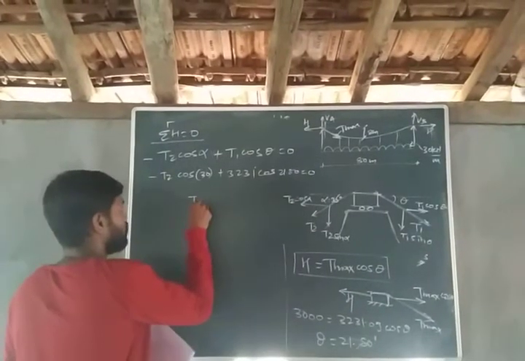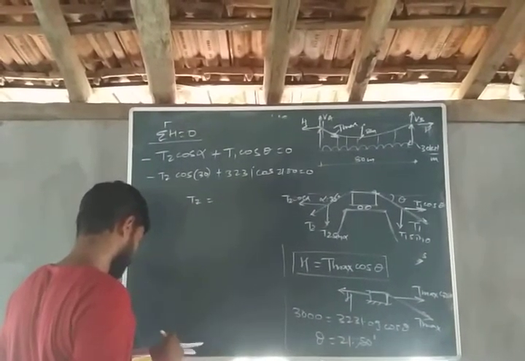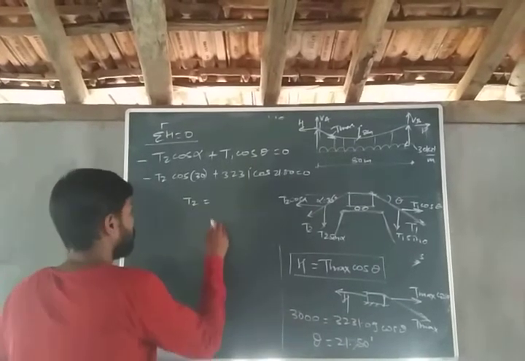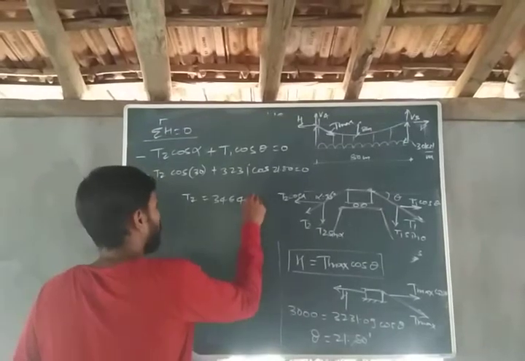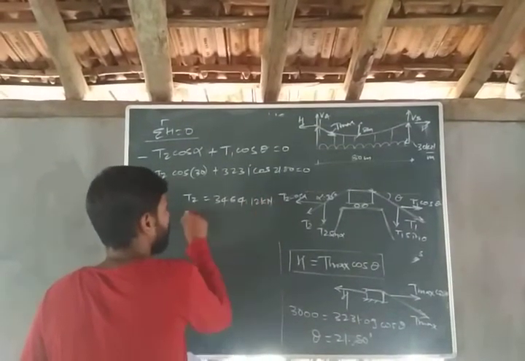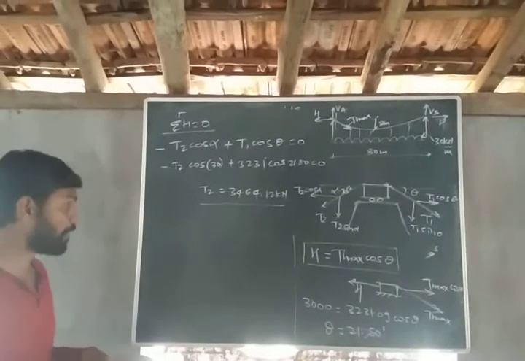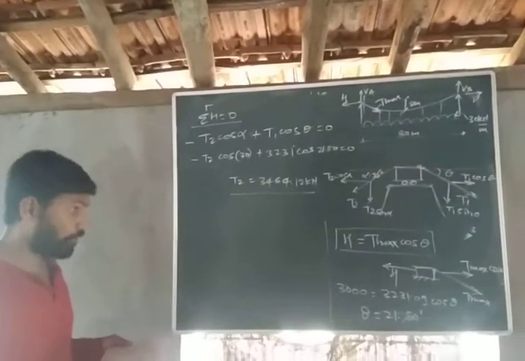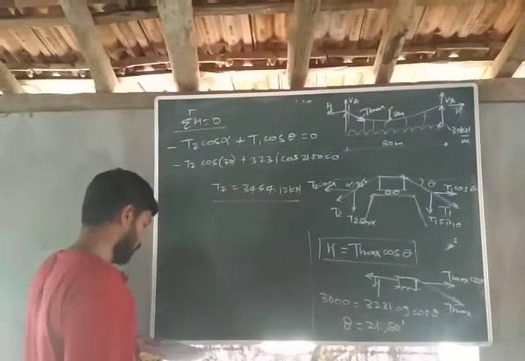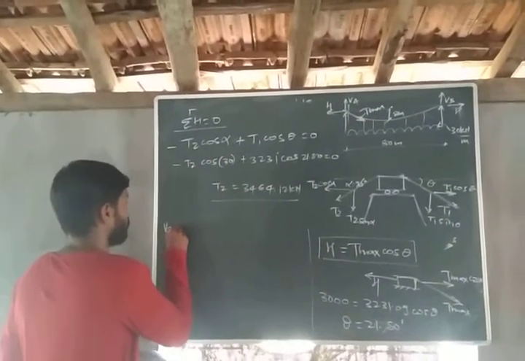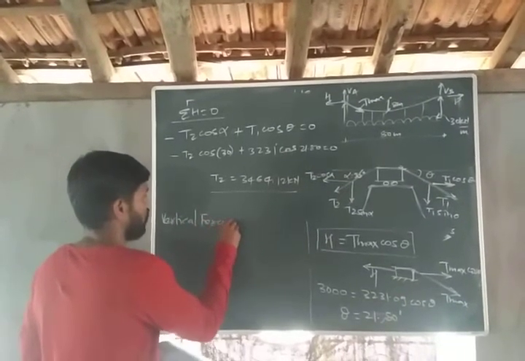So this gives value of T2, and this T2 is 3464.12 kilonewton. Okay, this is value of tension in anchor cable. Now we will calculate the vertical force on tower.